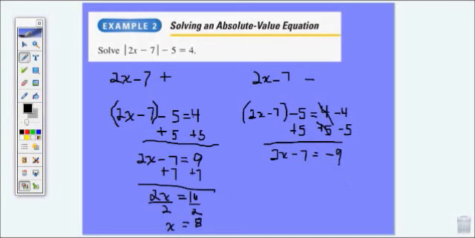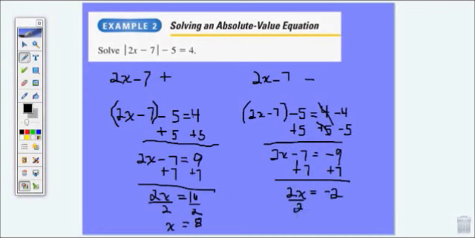And this equation here, I am going to add 7 to both sides, same as the one on the left. But because my answers are negative, I'm going to end up with 2x equals negative 9 combined with a positive 7 would give me a negative 2.